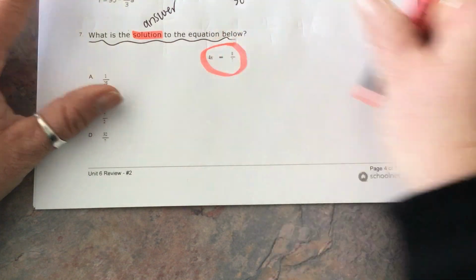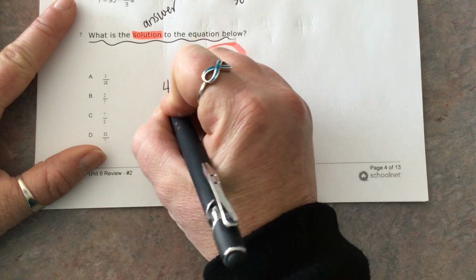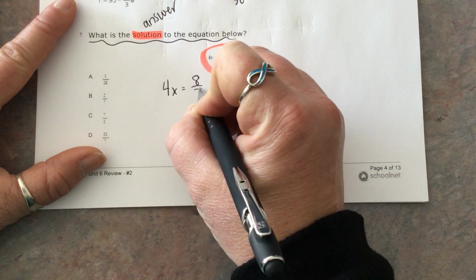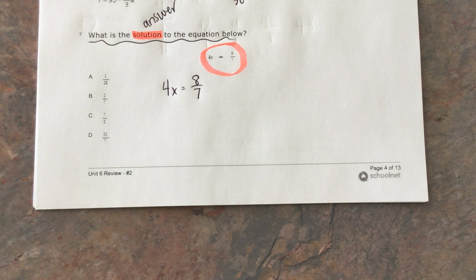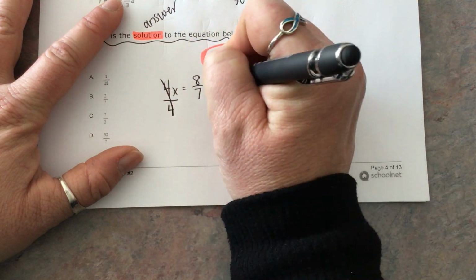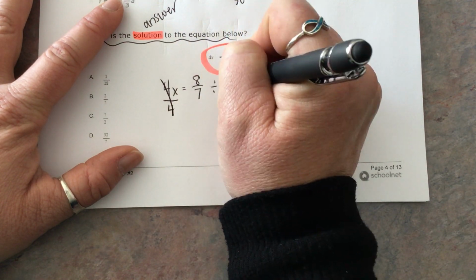And then we are using this. Your equation is 4x equals 8/7. There are a couple different ways you could do this. You can use your answer choices, plug them in and multiply, or you can do division. Divide that by 4, divide this by 4.